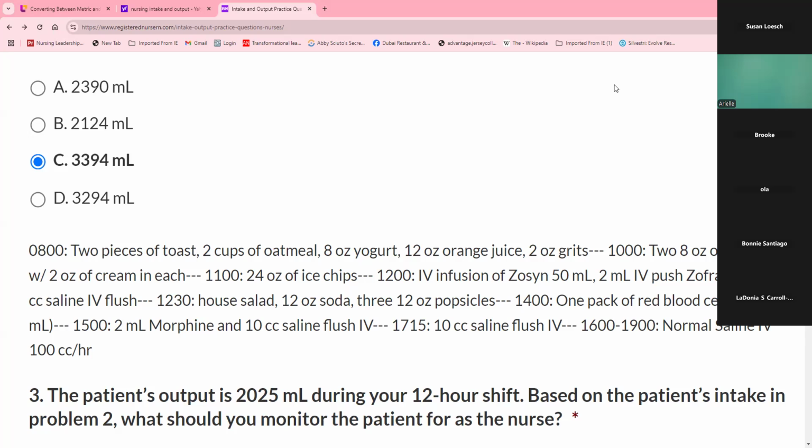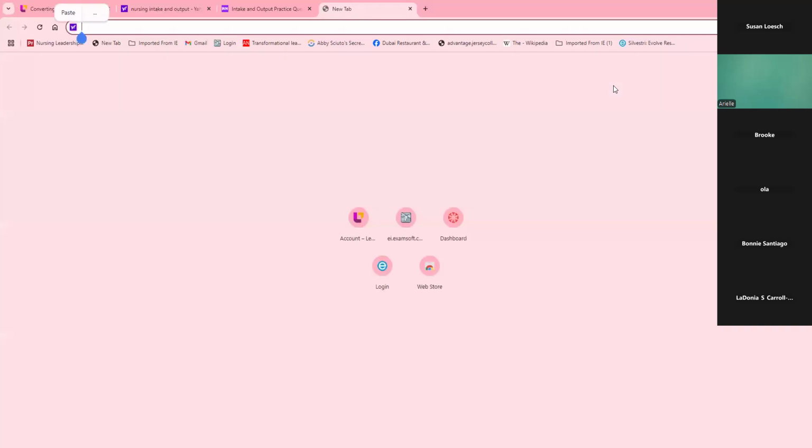All right. What other math? I think somebody said something about rounding. Okay. So let's look at some potential rounding questions.